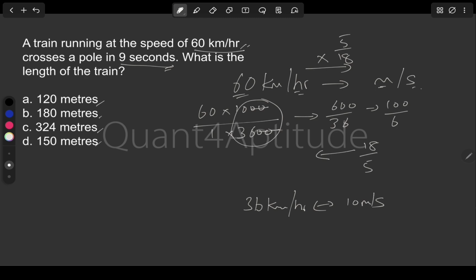So I use this as a reference and scale it up or scale it down. You will observe most questions coming with speeds being multiples of 36. You will see 36, you will see 72, 108. In such scenarios, it's very easy to convert. This is 10, this is 20, this is 30. You might even see 54. You should quickly know 54 can also be written as a multiple of 36, the same factor. You can multiply it with 10 meters per second and get the answer. These are different ways of converting the units.